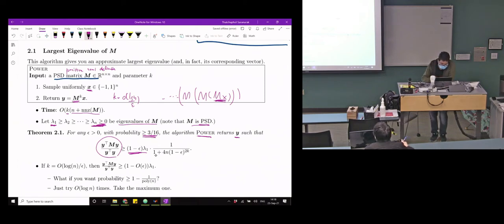And this is something that is small when k is big enough, like if k is log n over epsilon, then there's going to be something like this here.